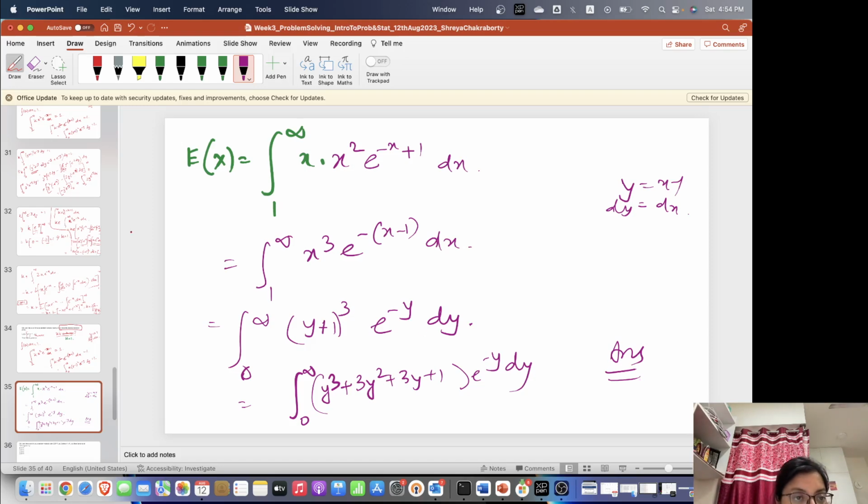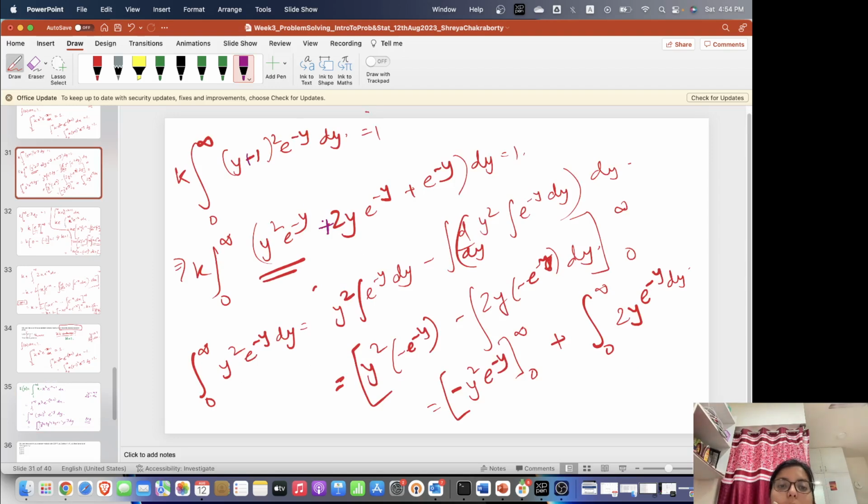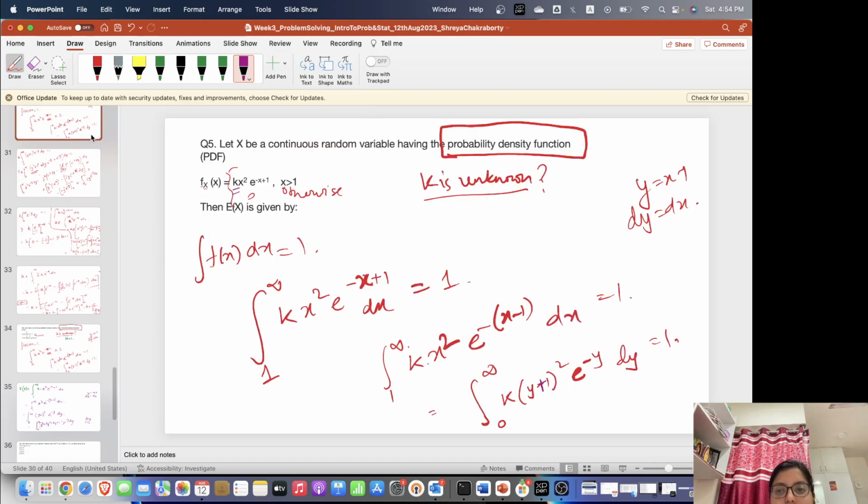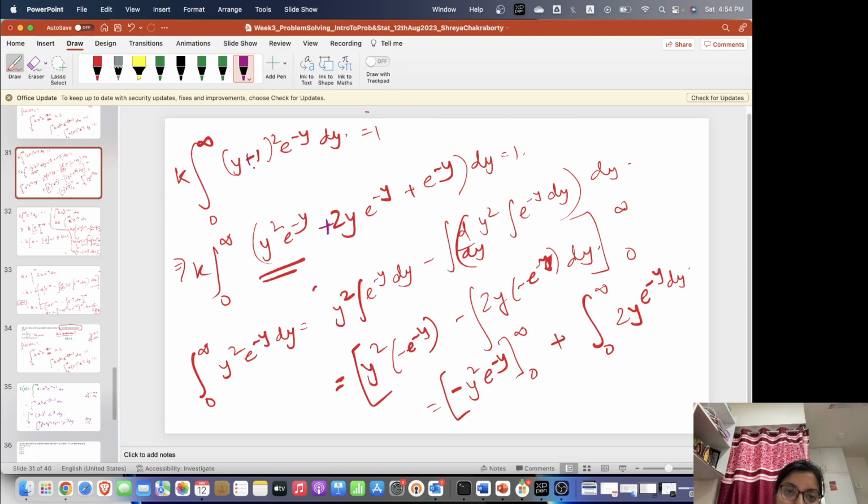So here there is some problem in sign. This one I took y equal to x minus 1 as my y. So x I should have written y plus 1. So then y plus 1 whole square e to the power minus y. This should have been this.